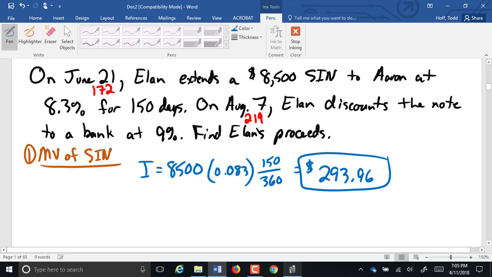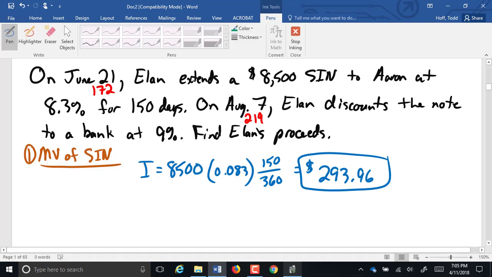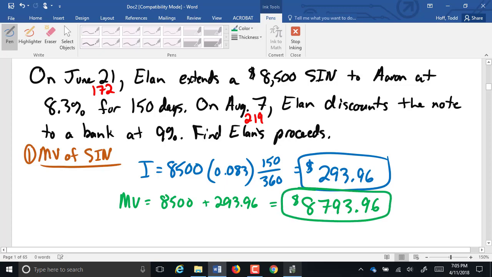Does that look right? Okay. Maturity value then is the $8,500 principal plus the interest of $293.96, so $8,793.96 is the maturity value.